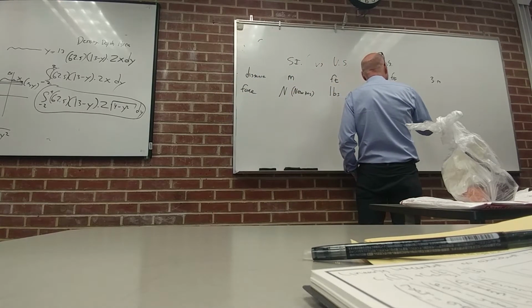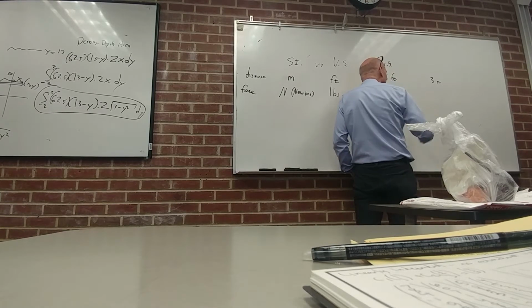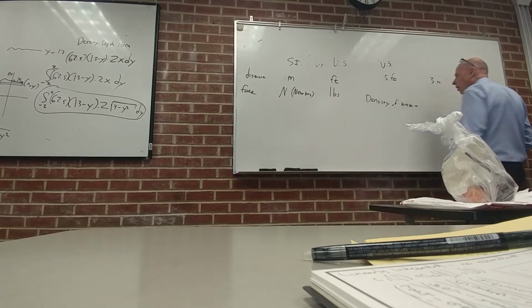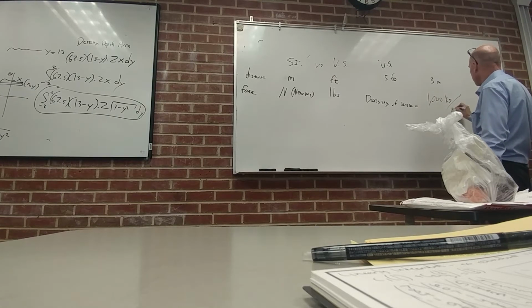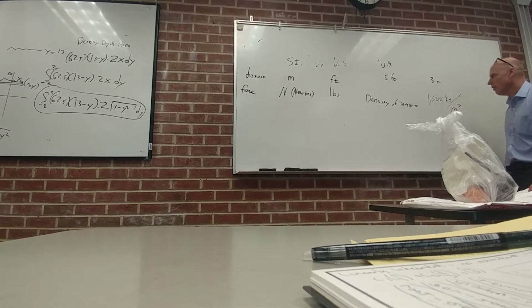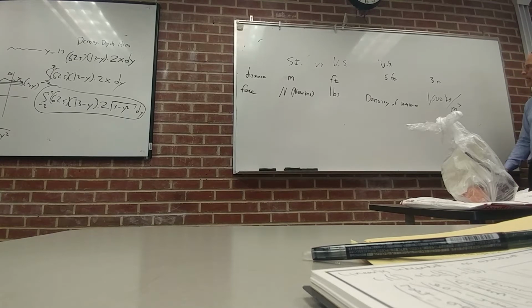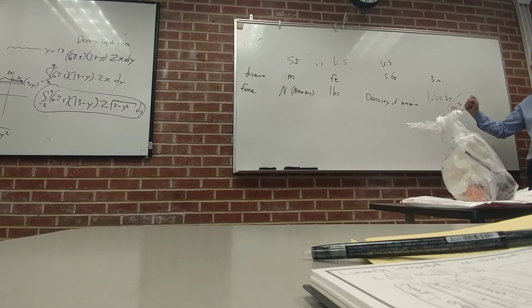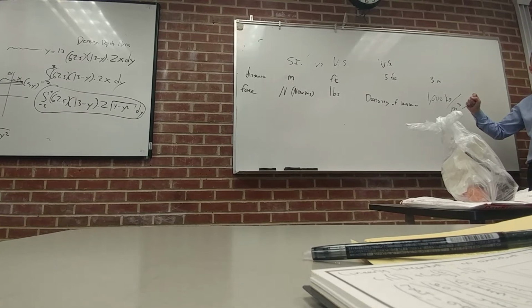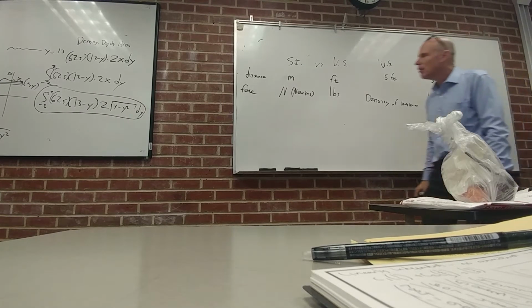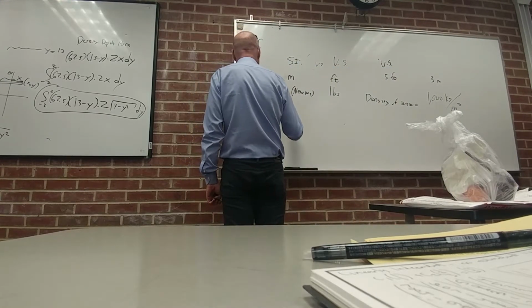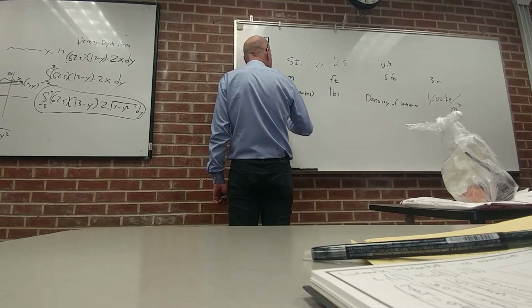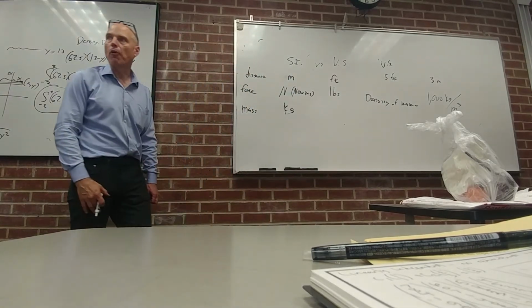Some of your homework problems, you're going to work with the density of water, which is 1,000 kilograms per cubic meter. If you do this density times volume, do you get force? You do not. The problem is kilograms are a measure of mass, not force.